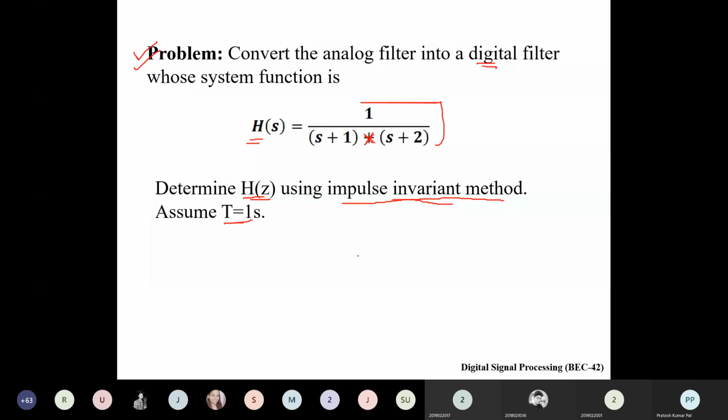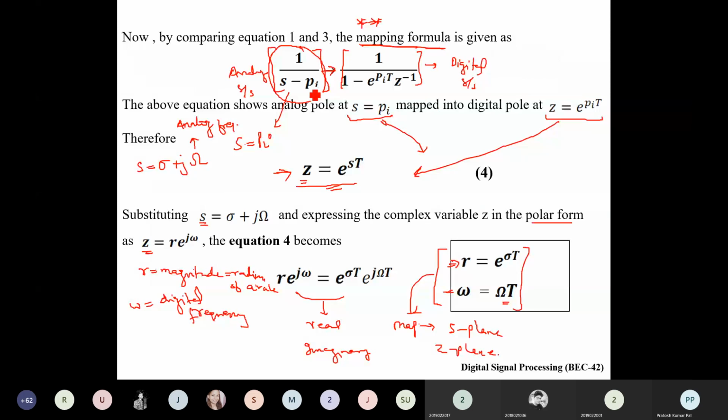If any filter response is written in this form, it can be converted into digital form by replacing it with the corresponding term. So first we need to convert the analog filter transfer function into this form.